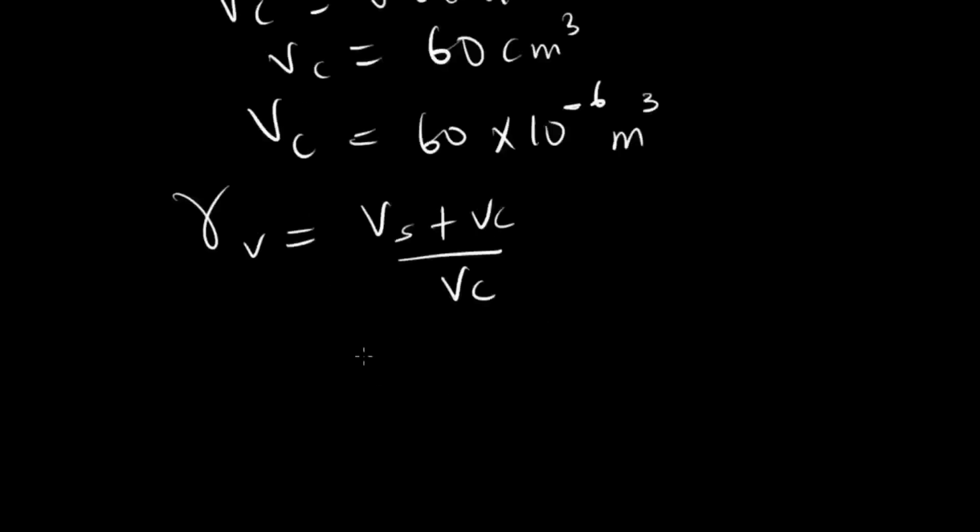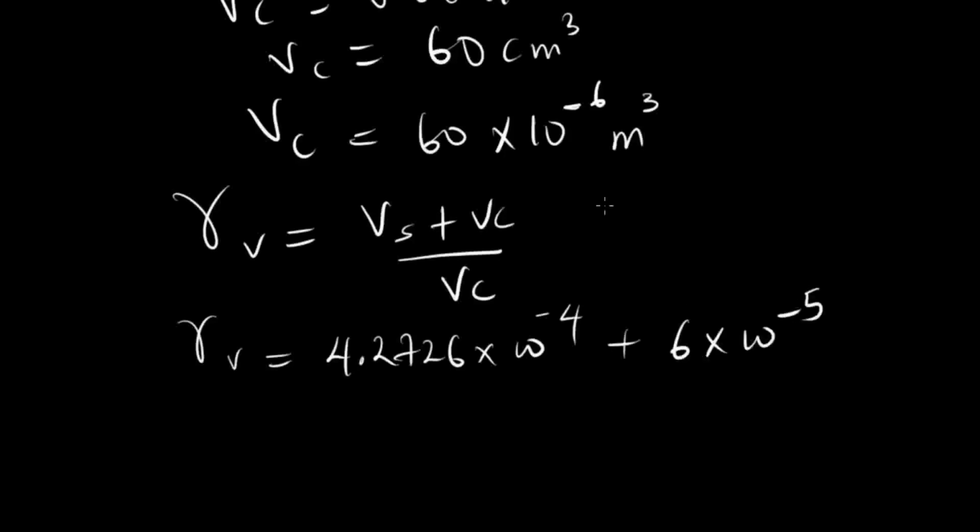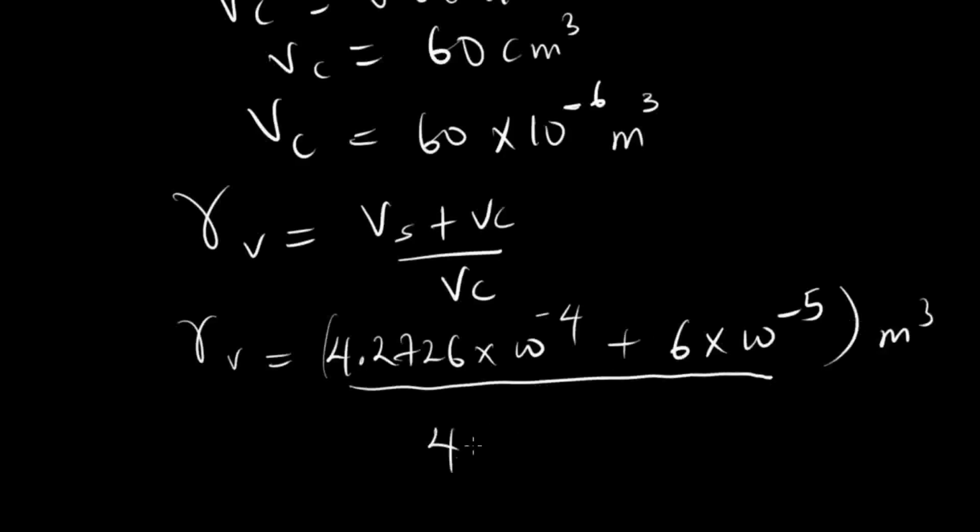Imputing the values, RV is equal to what? 4.2726 times 10 raised to the power minus 4 plus 6 times 10 raised to the power minus 5, which is the same thing as 60 times 10 raised to the power minus 6, all in meter cube, over Vc, which is 6 times 10 raised to the power minus 5 meter cube.